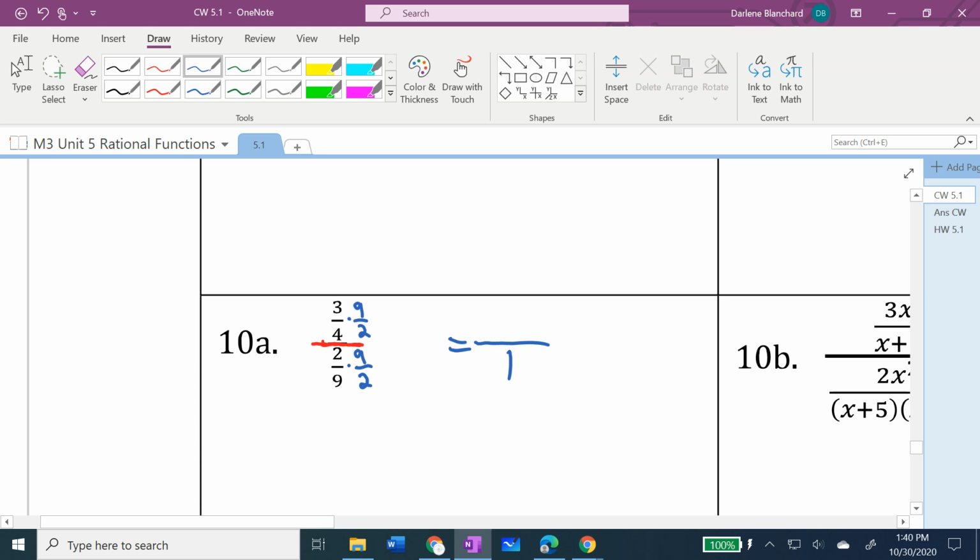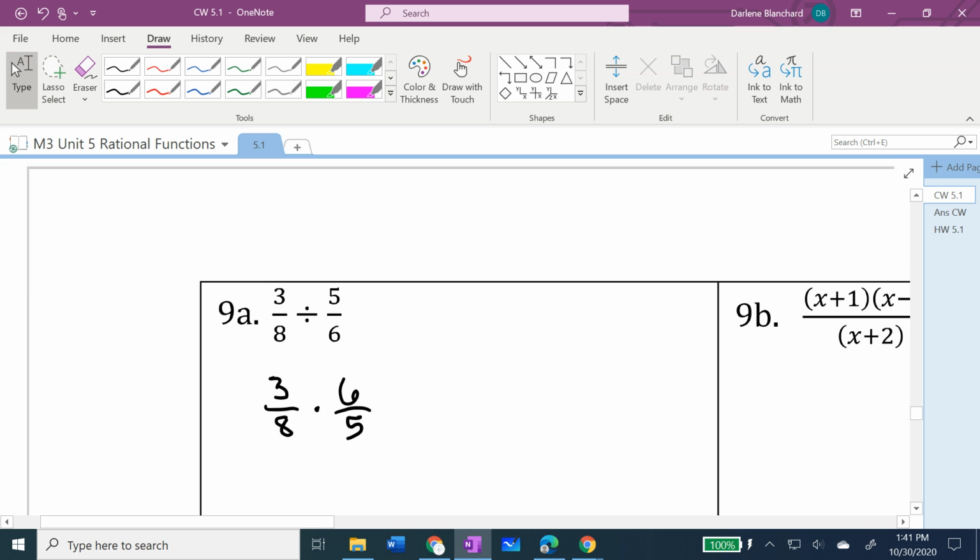This is why when you're dividing a fraction by another fraction, you multiply by the reciprocal of what's being divided. And then you go about your normal multiplication business and drop the over 1, and it becomes 27 over 8.